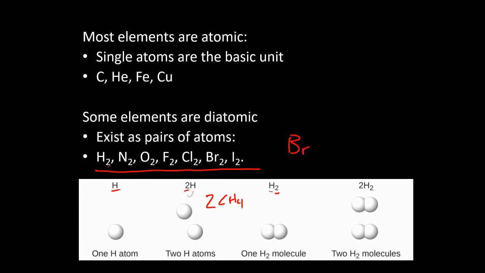Like, that's not the basic unit of bromine. It is always Br2. Same thing with N2 or O2. It is always that diatomic element. That is what we call, the sciencey term is the free elemental form of that element.